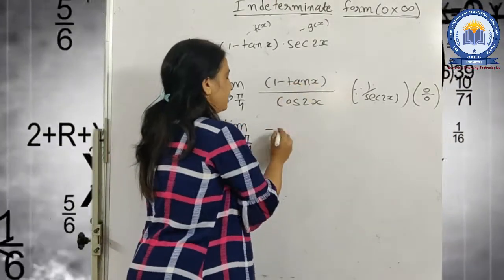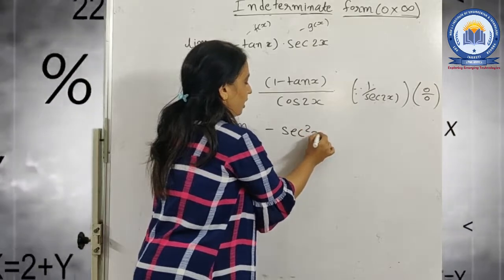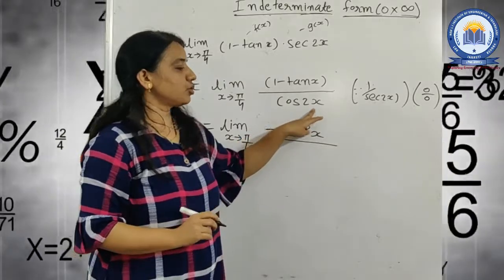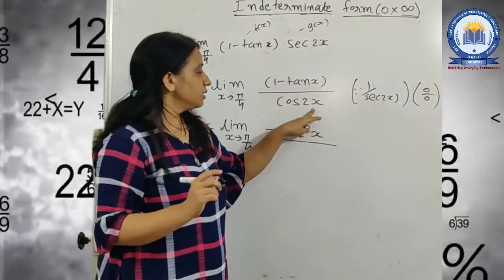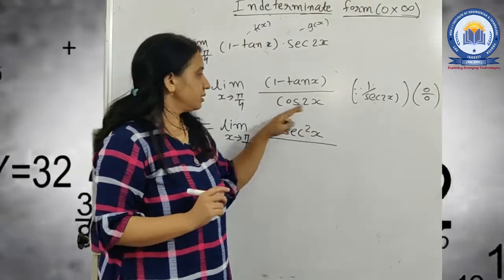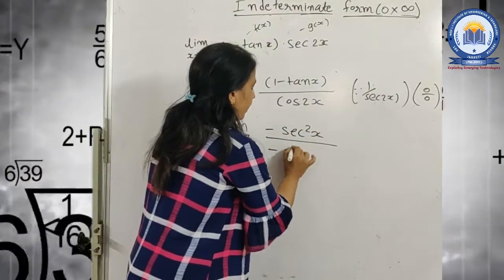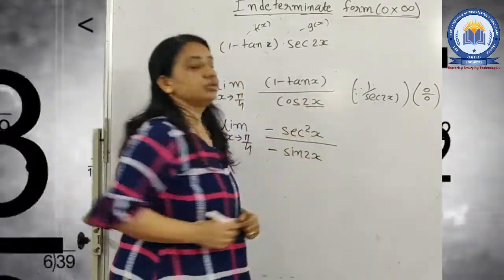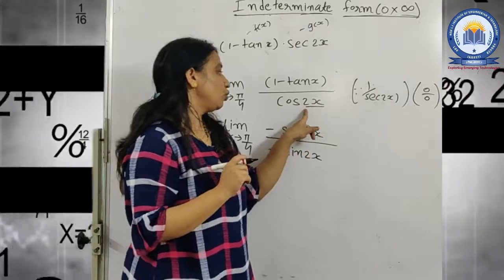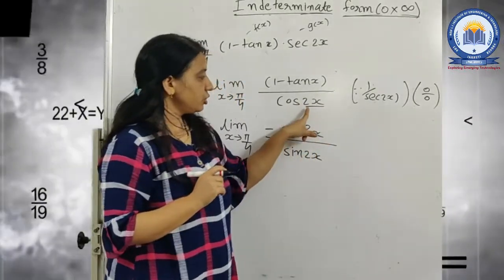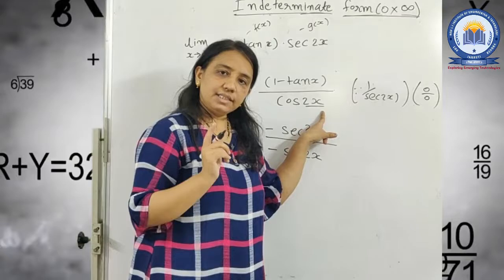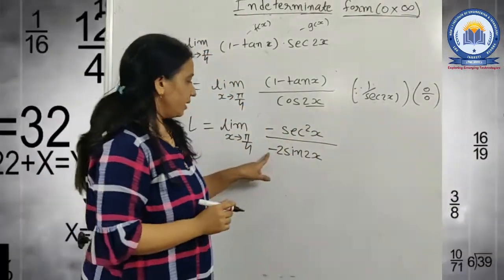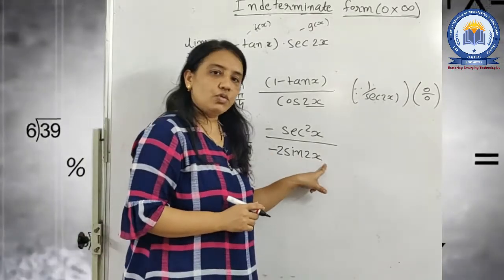For tan x it will be sec square x, upon, for cos 2x, that will be sine 2x but minus. So minus sine 2x. Again, here it is 2x, so we have to do the differentiation of 2x also. The differentiation of 2x, that is, sorry, 2. So that will be here, so minus 2 sine 2x.